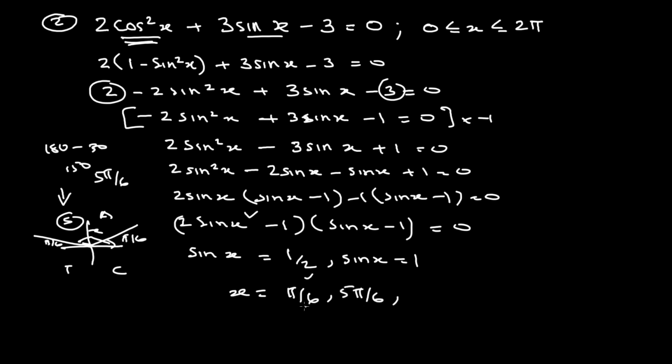Right. What else can we find within this range here? We'll use this one here. So sine x is equal to 1. We know that this gives us what? Positive 1. And that is going to be right here. So what is the reference angle?